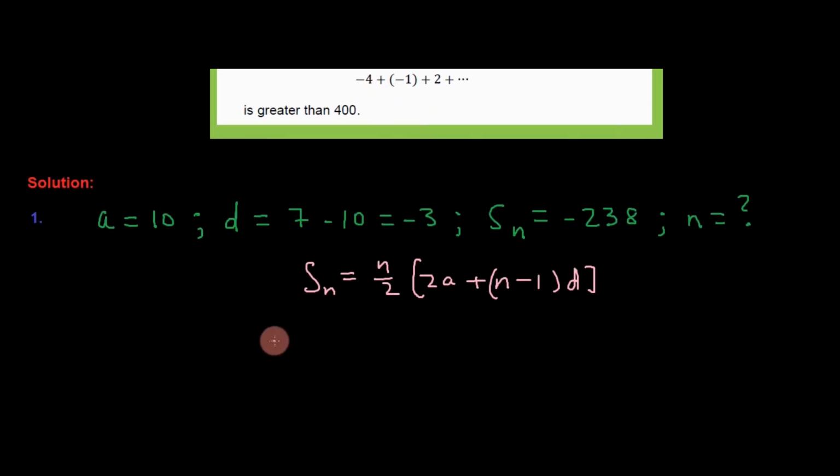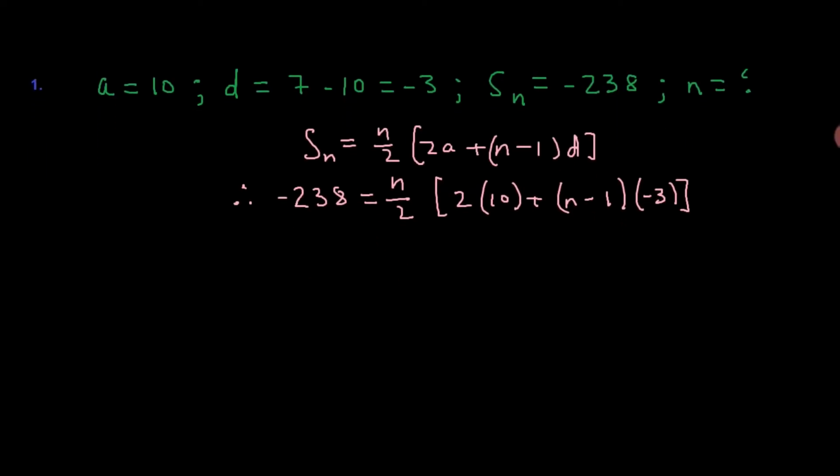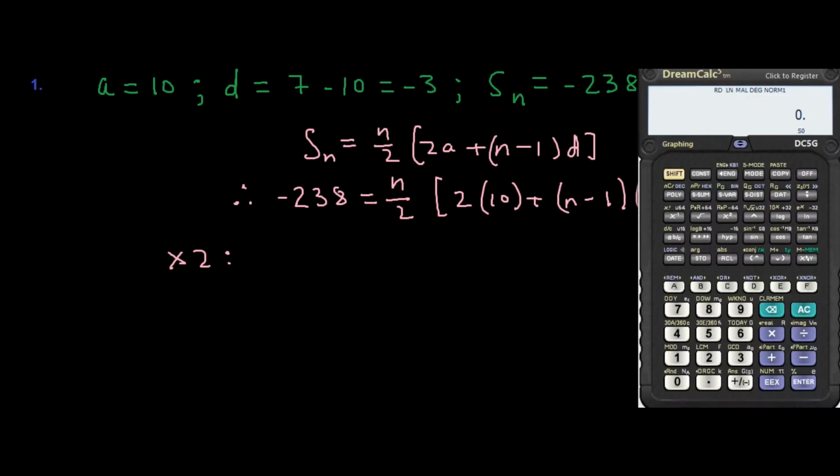So, substituting in values, we have to find n. A we saw was 10. And d was negative 3. We can multiply both sides by 2 to get rid of the fraction here. So the left-hand side is negative 476.